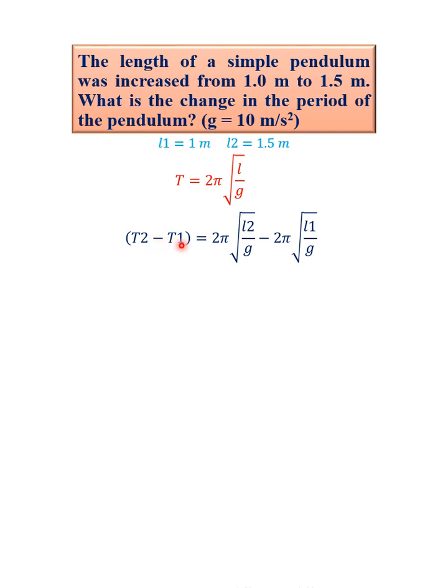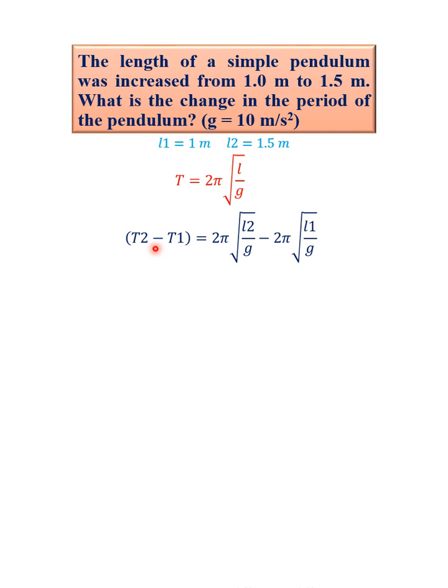And if this is the formula for period, it means that will be equal to 2 pi square root of L2 over g, L2 for the second length, minus 2 pi square root of L1 over g, L1 for the first length. If we take the difference, it should be equal to the difference in the period, which is what we are looking for, change in the period.